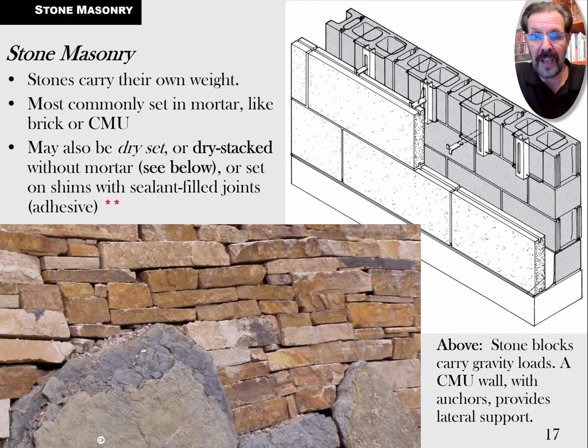Now, this other diagram on this page, up in the top right corner, is showing you a concrete masonry block wall as the main structural wall in behind. And then on the front side, the side we're looking at, it's showing stone, probably marble.